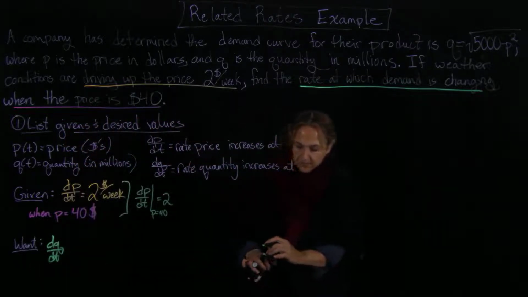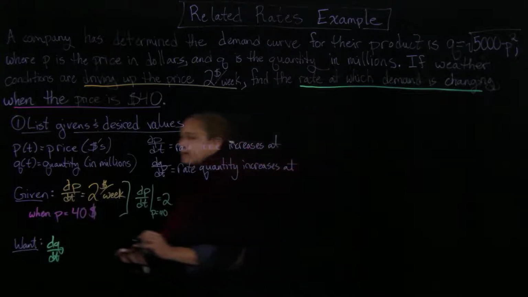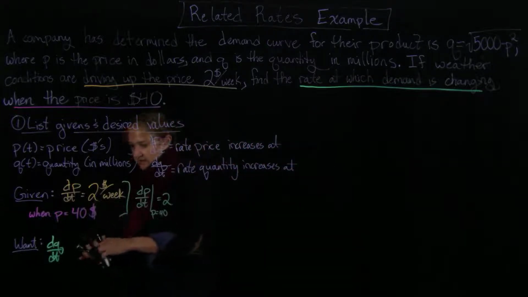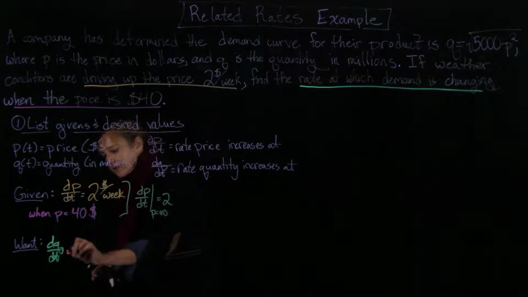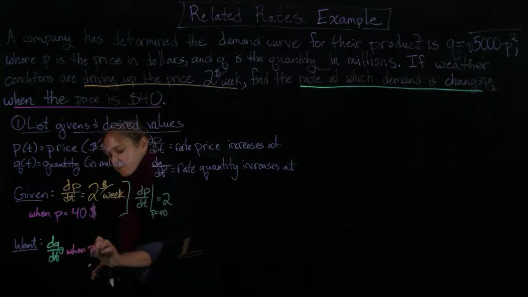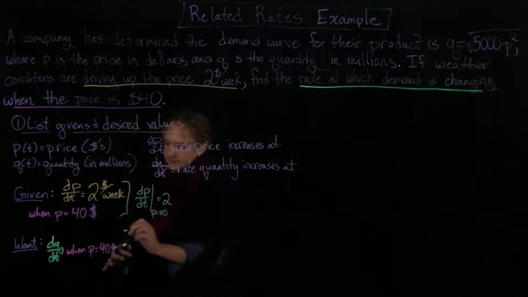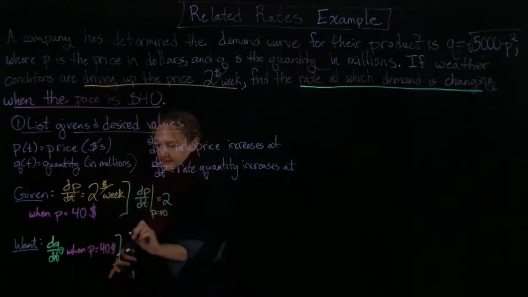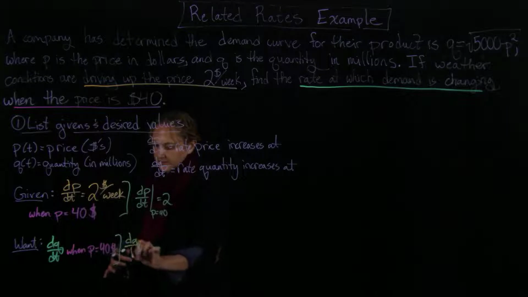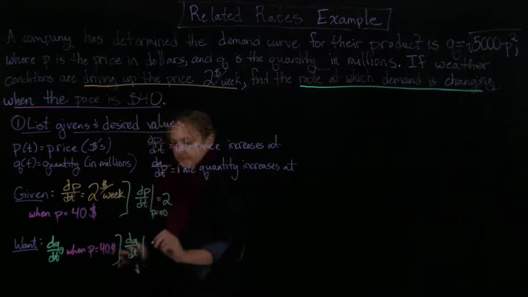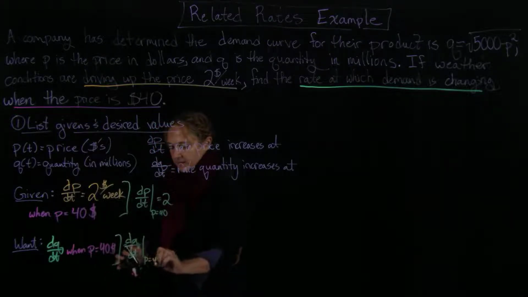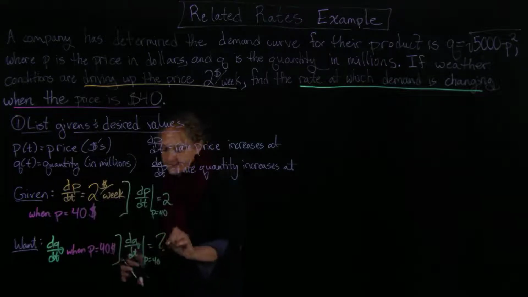We're going to find dQ/dt, and this is again when P equals 40, because that's still coming from that same place. So we're looking for dQ/dt when P equals 40. We want to know what that's going to be.